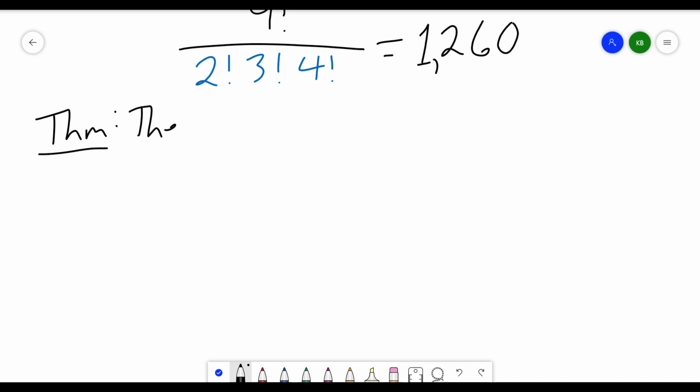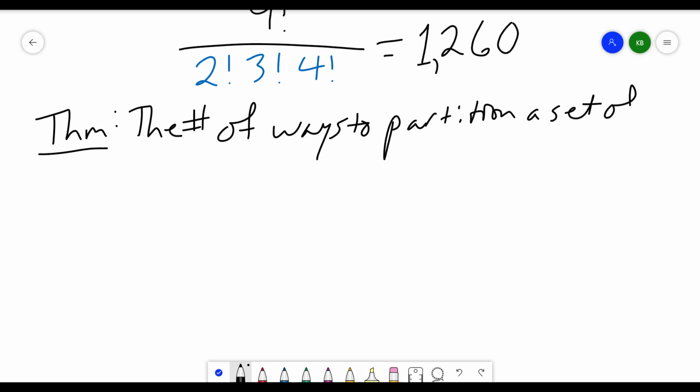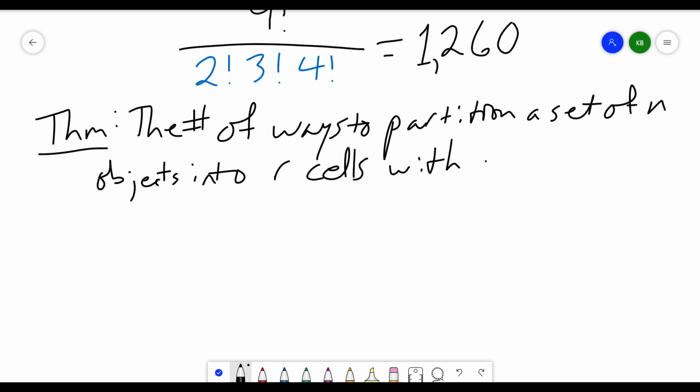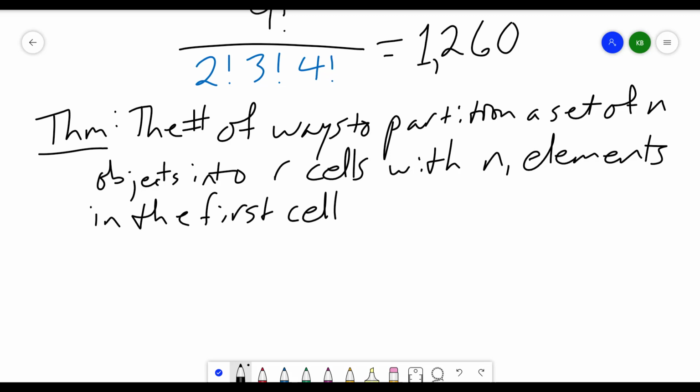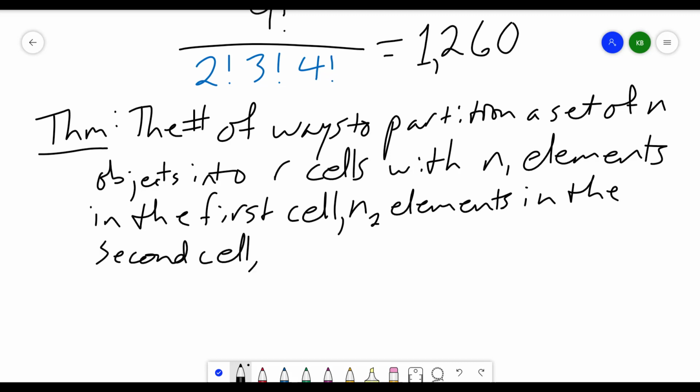So the number of ways to partition a set of n objects into R cells with n sub 1 elements in the first cell, n sub 2 elements in the second cell, and so forth, is, and we get our equation that we used up there.